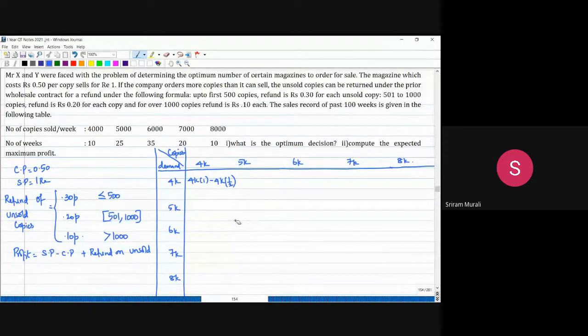Hence, it is equal to 2K. So I get the same 2K for all these cases. Am I right? What about the next one? This is 4K into 1 minus 5K into 1 by 2.